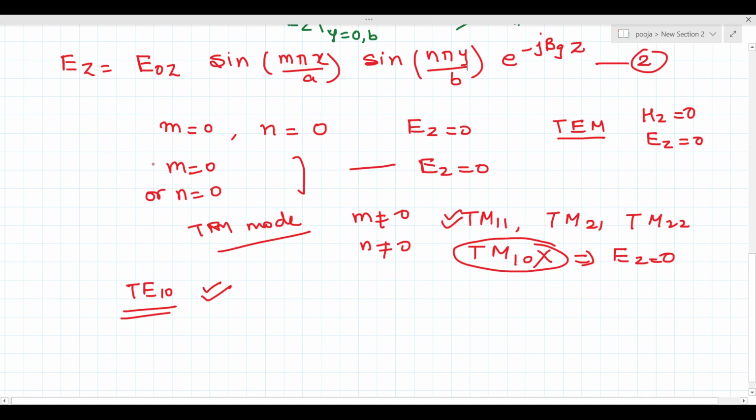Ez is obtained as this sine value. Now how do we get the other values for TM mode? Just the same way that we did the analysis for TE mode.